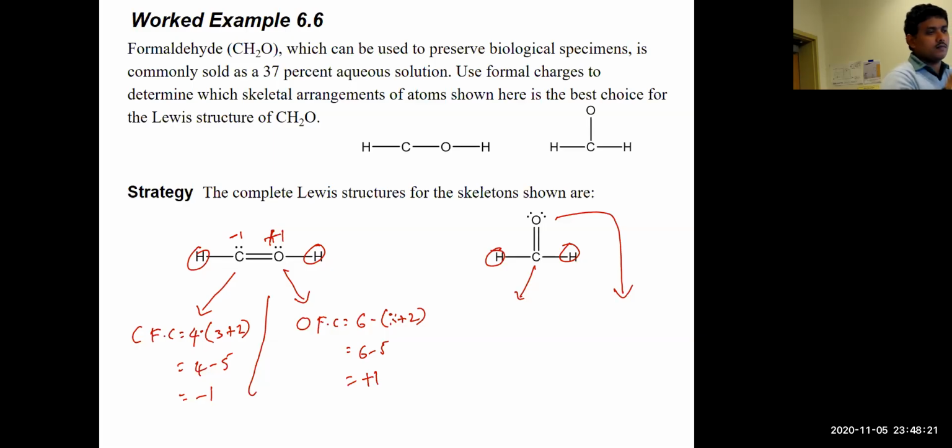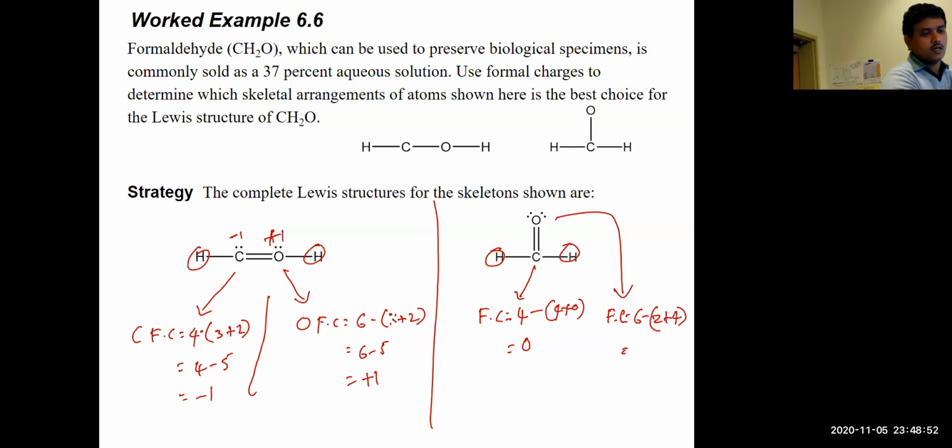Okay. Now let's come back to this carbon. The formal charge here is group number 4 minus 4 sticks and 0 stones. Formal charge is 0. And the formal charge for this oxygen is group number 6 minus 2 sticks plus 4 stones.